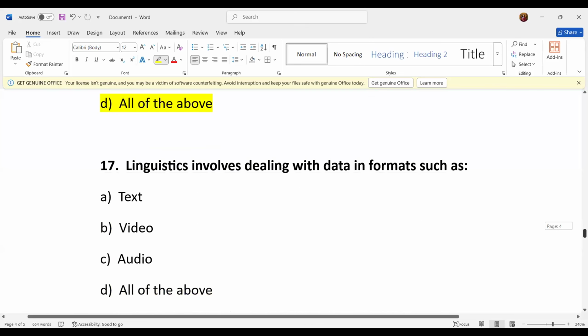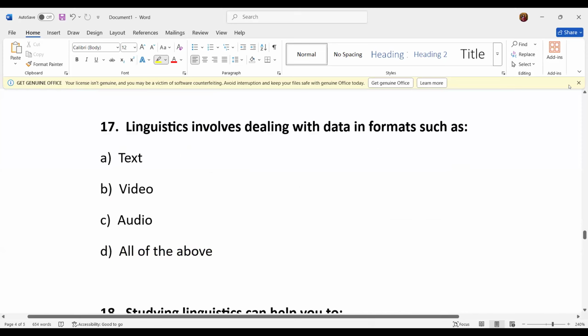Number 17. Yes, correct. All the above. Answer is correct.